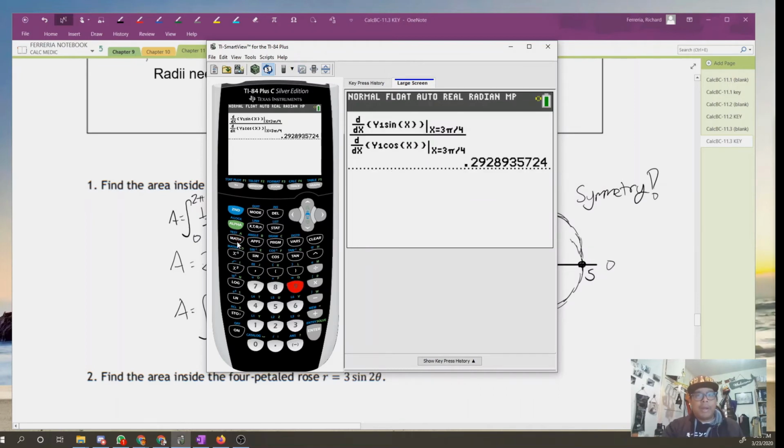Math 9, integrate from 0 to pi. And what is that? My r was in y1, so y1 squared, and I'm using x for theta, and that should do it for me.